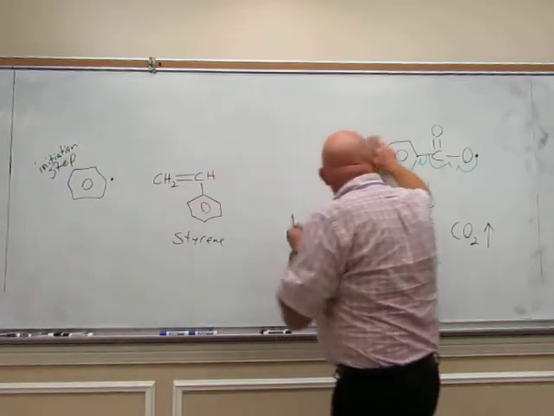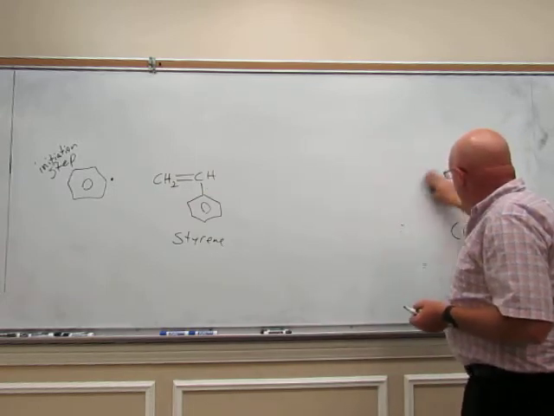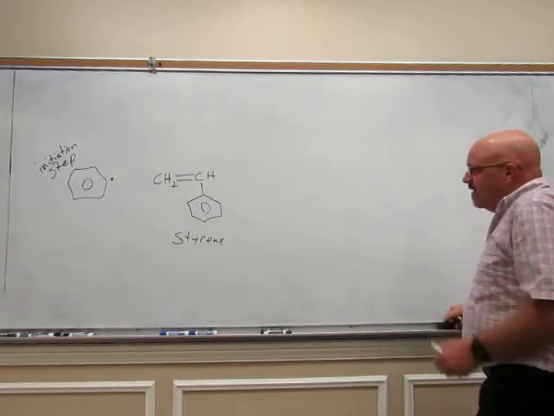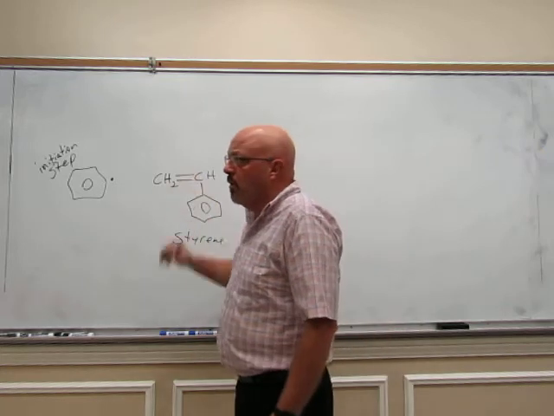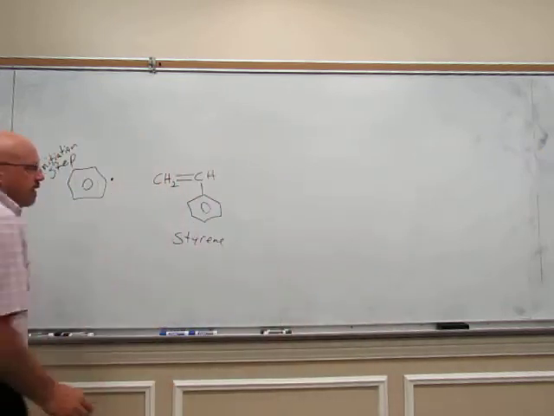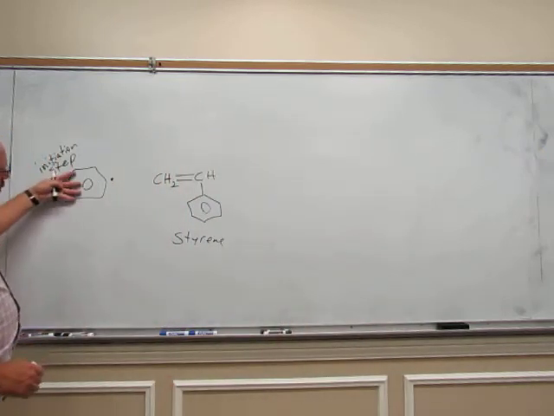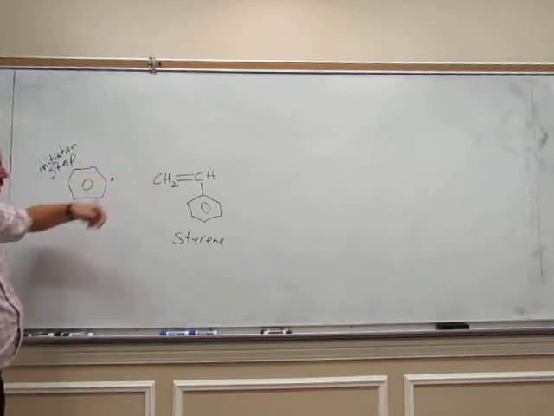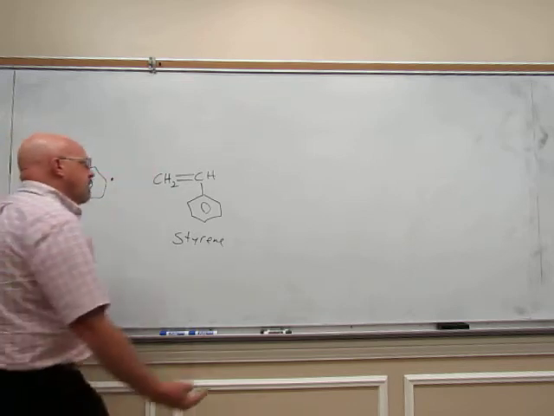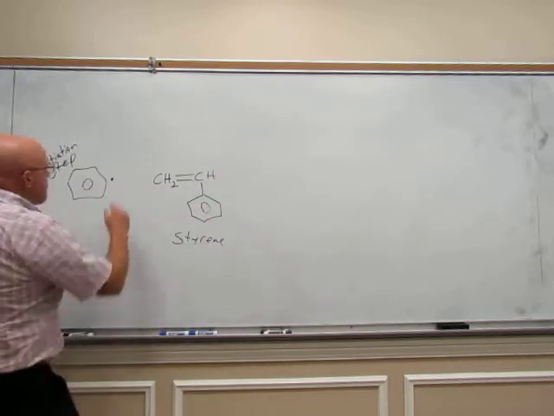Now when you react the radical with the styrene, we have to decide which of the two carbons of the double bond it's going to add to. So our phenyl radical here can add to the CH2 end, or it could have come in and attacked the CH end.